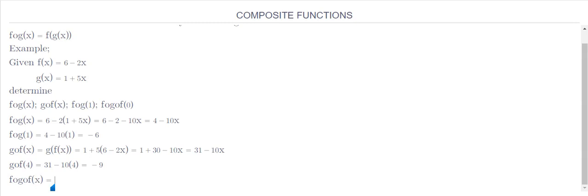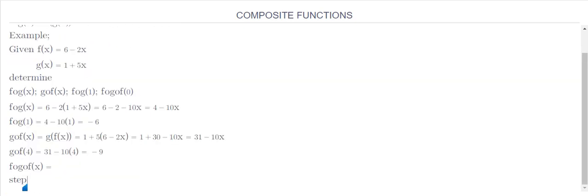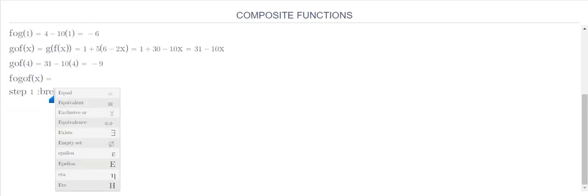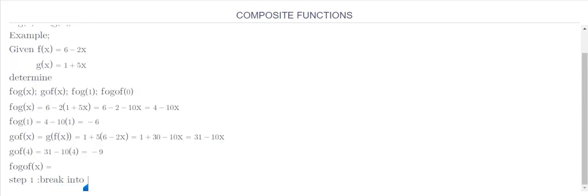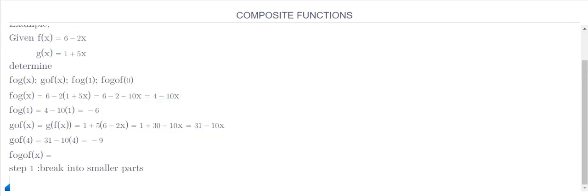What is our g? So let me put here step 1. Step 1, I've said what you need to do is break that thing into smaller parts. And now after breaking, you start from the innermost. So the first one in the innermost is g of f.